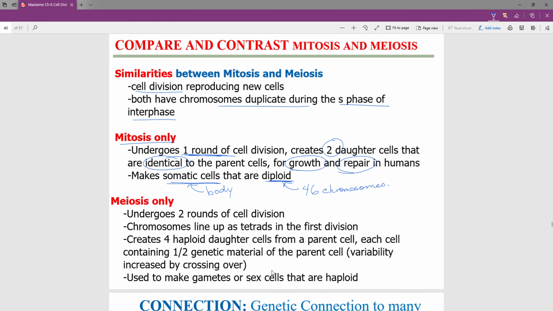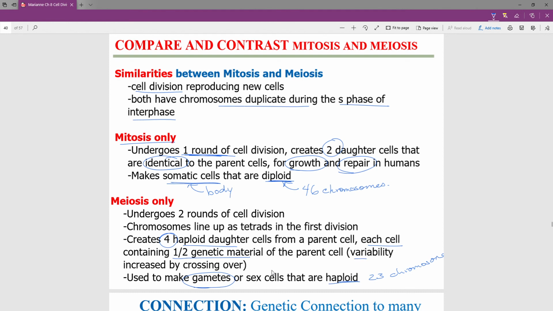So meiosis is different. It's for different functions. It's used to make gametes or sex cells that are haploid. So this would be 23 chromosomes in humans. It creates 4 haploid daughter cells. And so each cell has half of the genetic material. They're not identical.